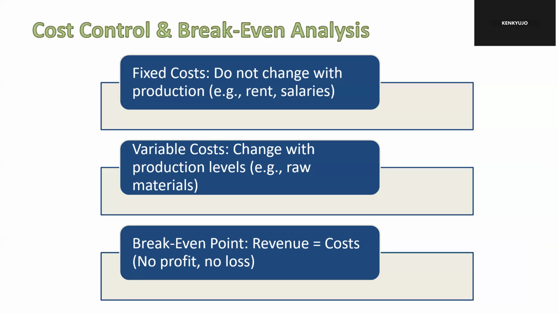Cost includes fixed cost and variable cost; that also we have to understand. Revenue is total income. When total income equals the cost, it is called break-even analysis. If you want to make a profit, definitely we have to enhance the revenue. If the cost increases, then it will not be a profit, it will be a loss.